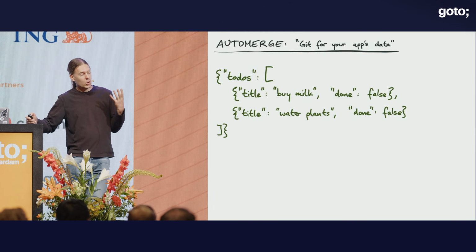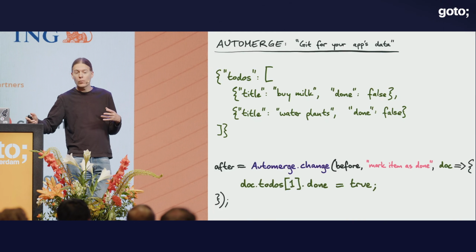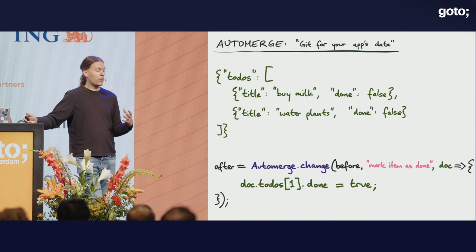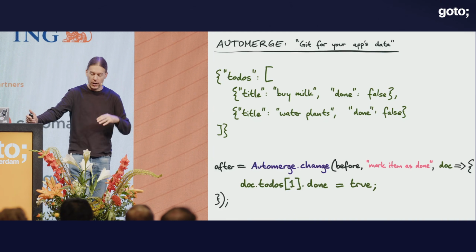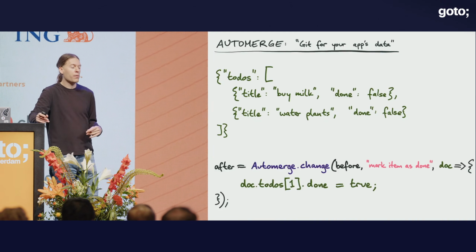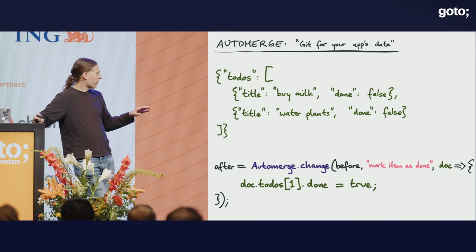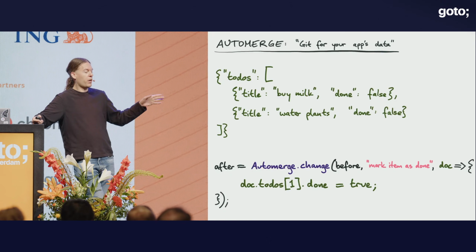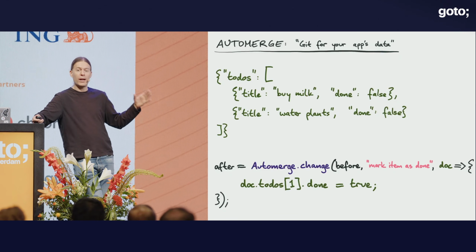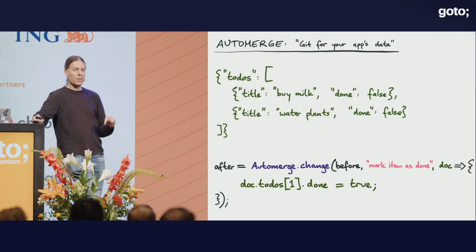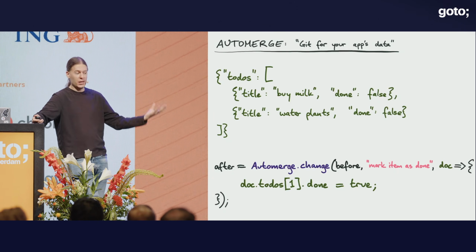And the way you can update this to-do list now is using this JavaScript API. There are also APIs in other languages, but I'll just show the JavaScript version. Let's say you want to update the value of one of these done fields to true because the user has pressed the checkbox, and now you want to reflect that state in this updated JSON document.